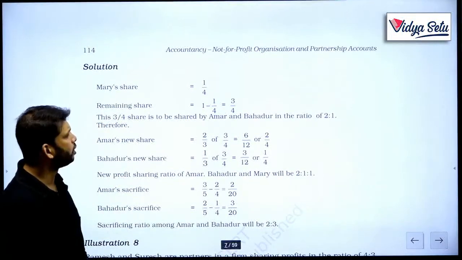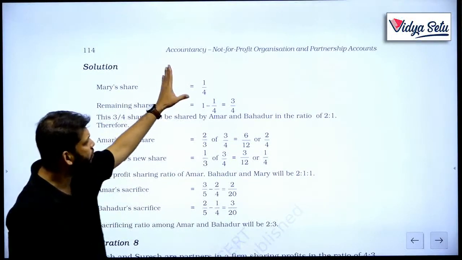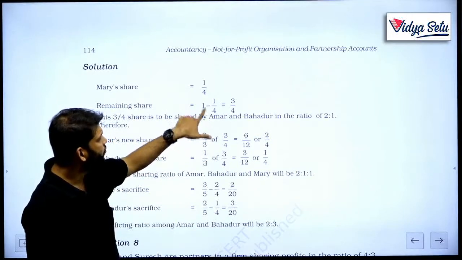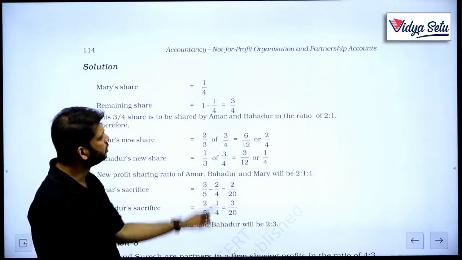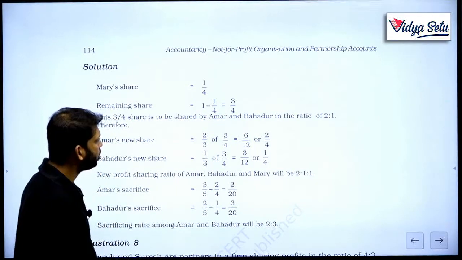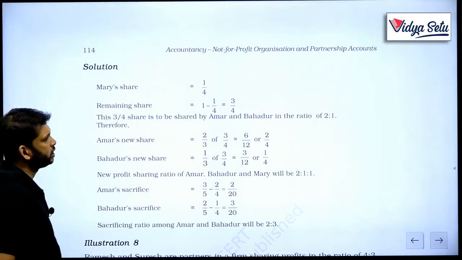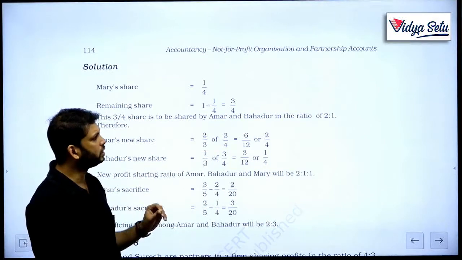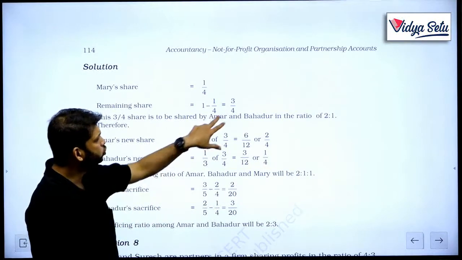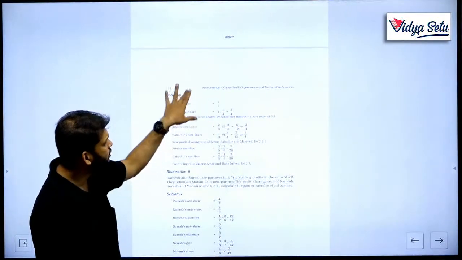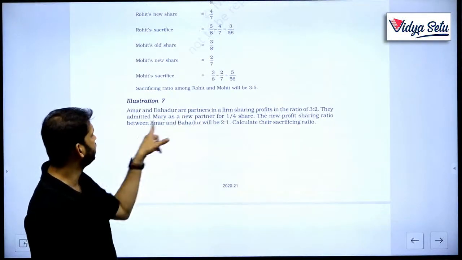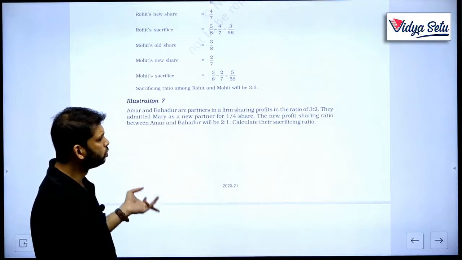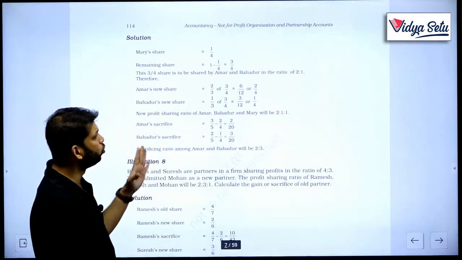Mary's share was 1/4. If 1/4 of the total profit is taken by Mary, how much is remaining for the others? 1 minus 1/4, that is 3/4. Now this 3/4 share is to be shared by Amar and Bahadur in the ratio 2:1, because it was written that the new profit sharing ratio will be 2:1 amongst these two only.